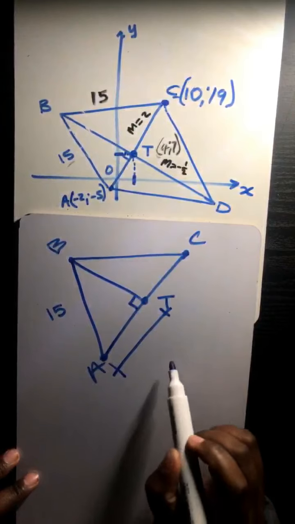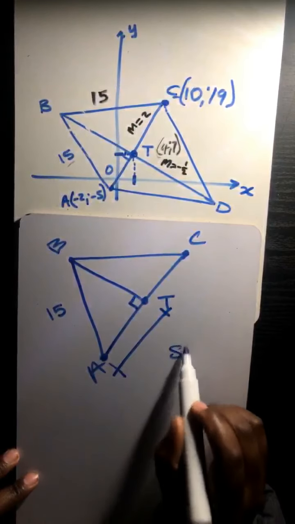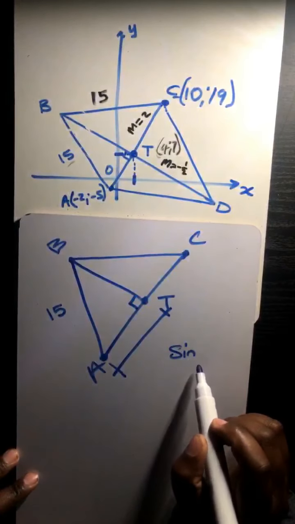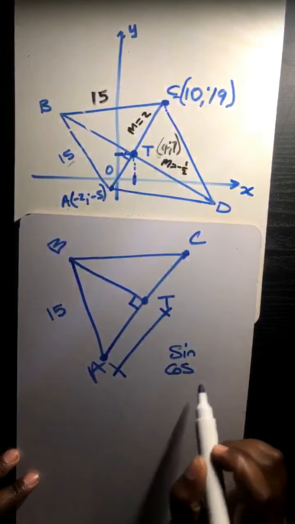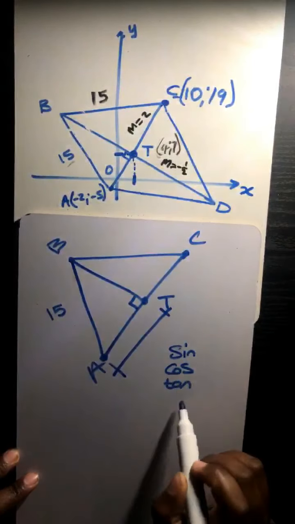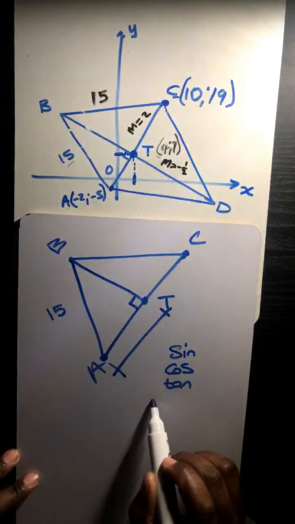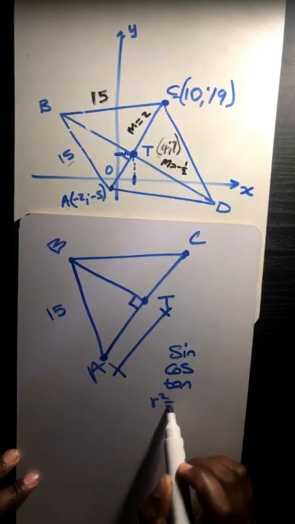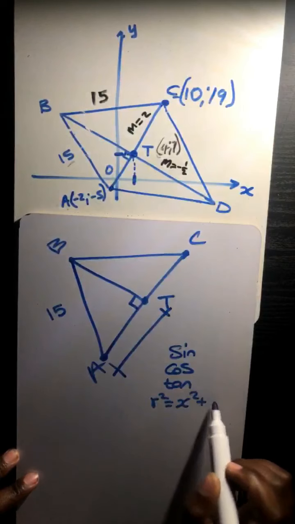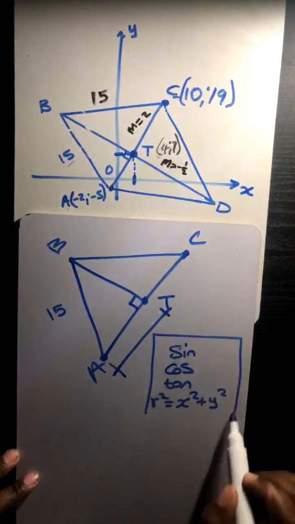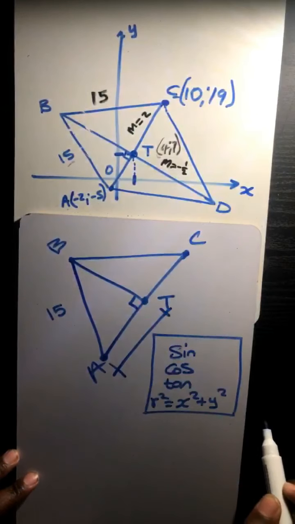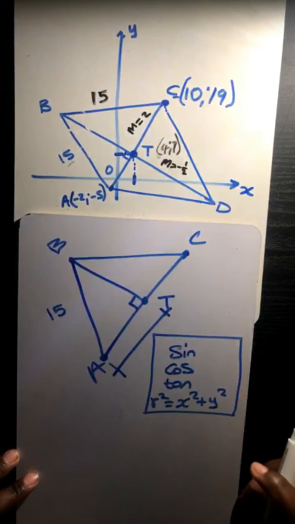Remember, guys, always when you have a right-angled triangle, you have the right to use sine, cos, tan, or the Theorem of Pythagoras, which says r squared is equal to x squared plus y squared. So always when you have a right-angled triangle, you can use any of these. It depends on what information you have.